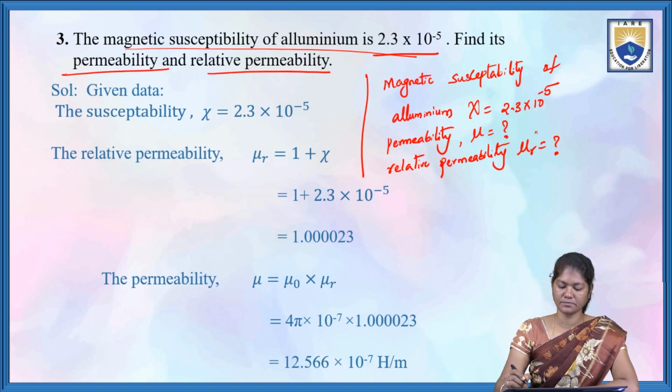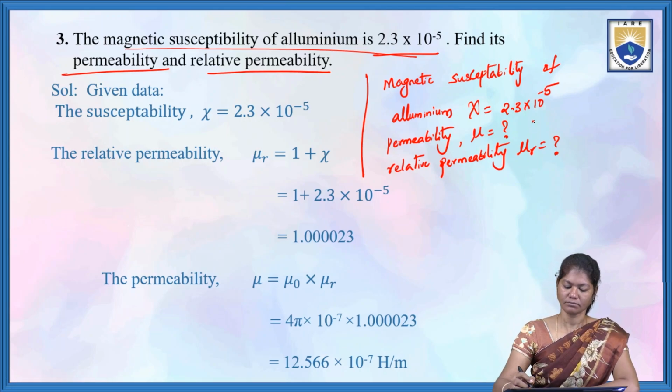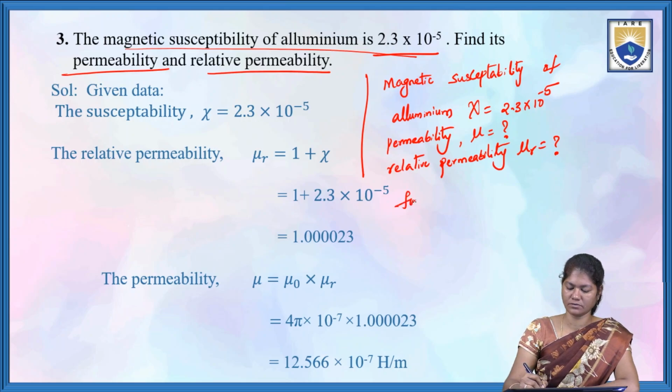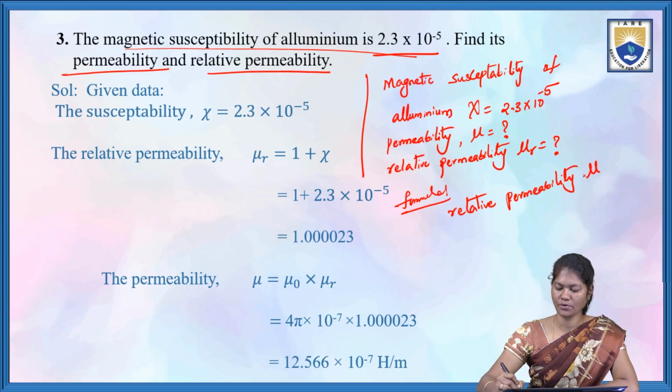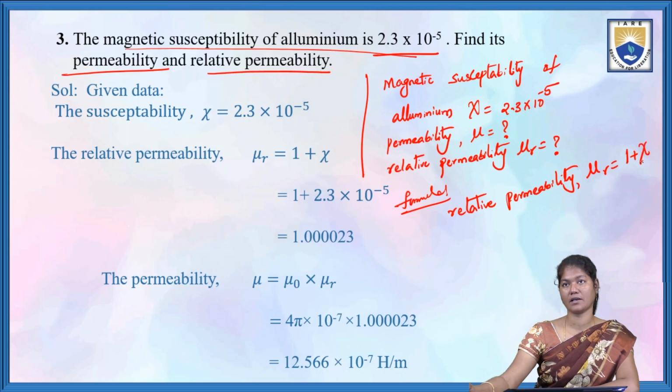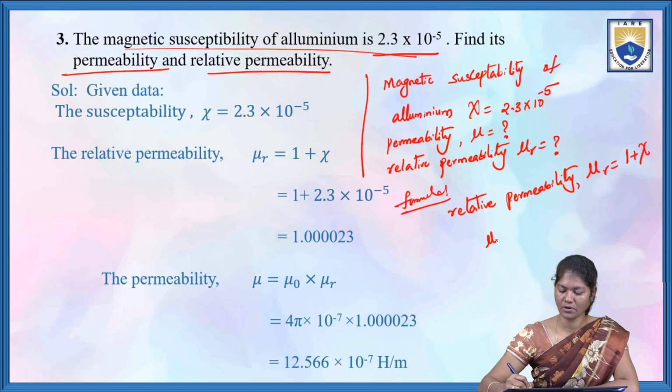To find the relative permeability, we have the formula: mu r is equal to 1 plus chi. So mu r is equal to 1 plus 2.3 into 10 power minus 5.